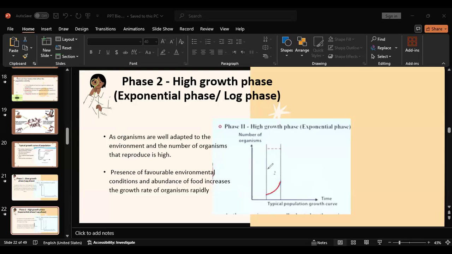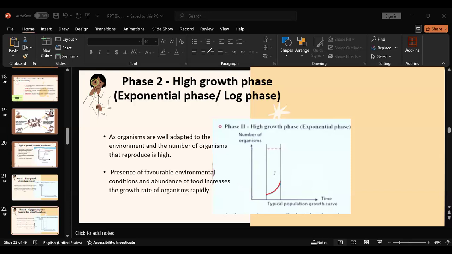As time passes, the animals or the particular humans adapt to the environment, so the growth rate will be high.